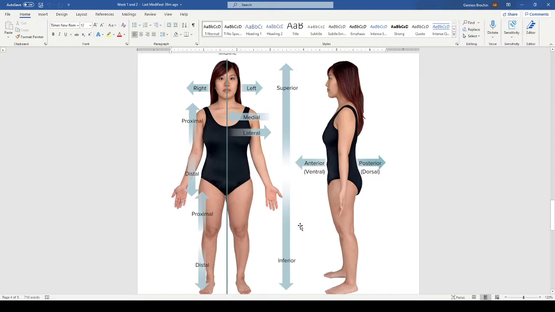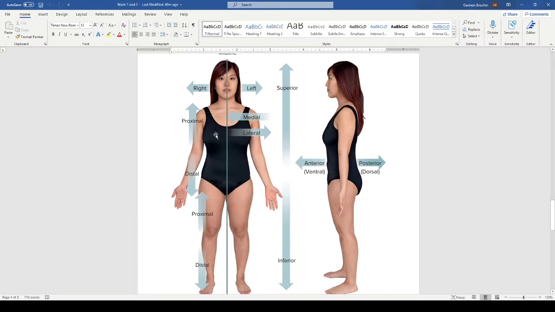In this case, I could say the thumb is lateral to the pinky finger, to digit number 5. That's correct. I can also say that in this case, the left leg is medial to the right arm.